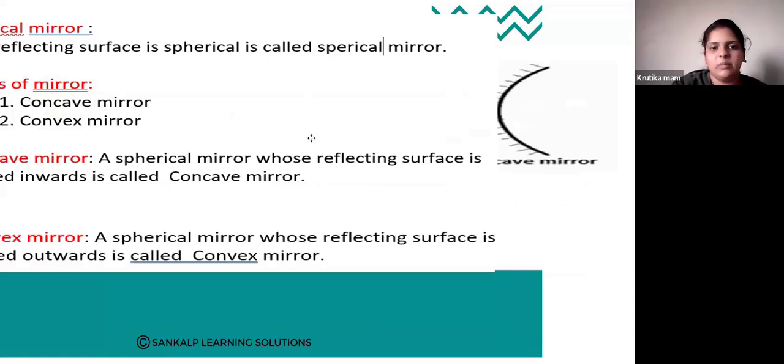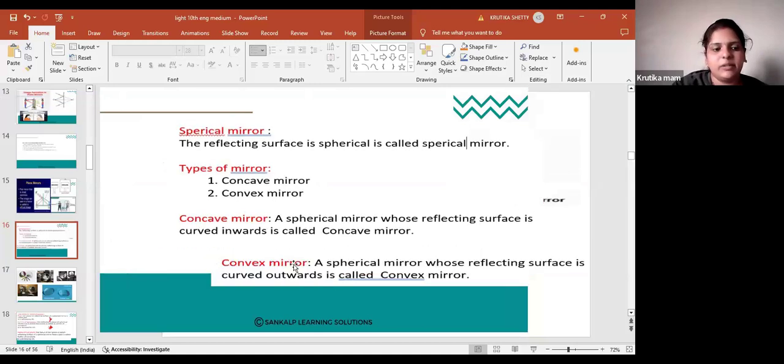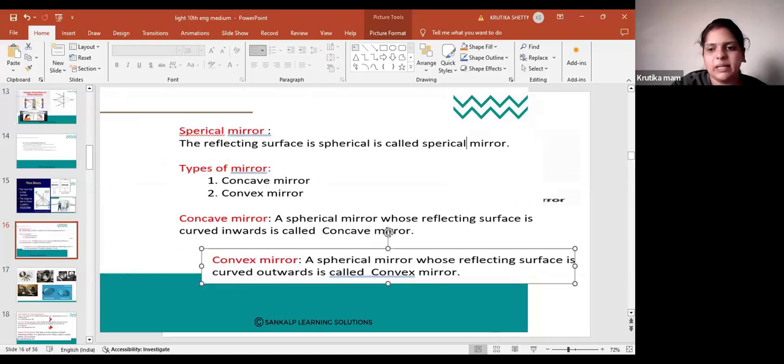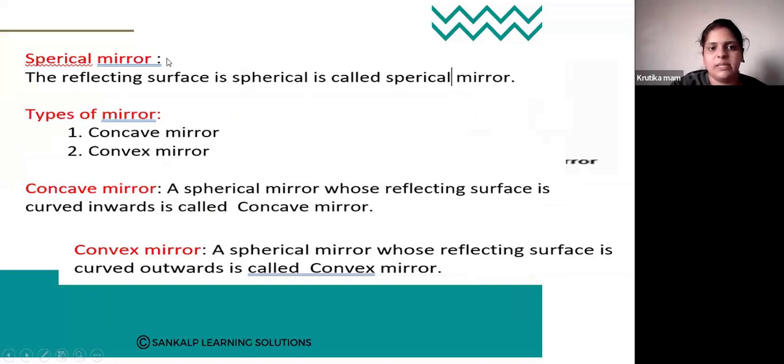So what do you mean by the spherical mirror? What are the different types of the spherical mirror we are discussing now? Okay, hope you are able to see now clearly. Yes. So spherical mirrors. So what do you mean by the spherical mirror?